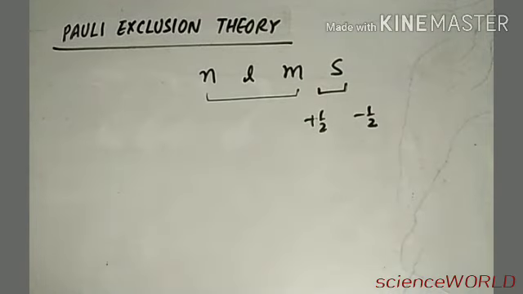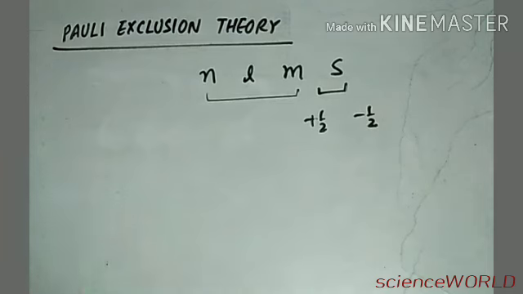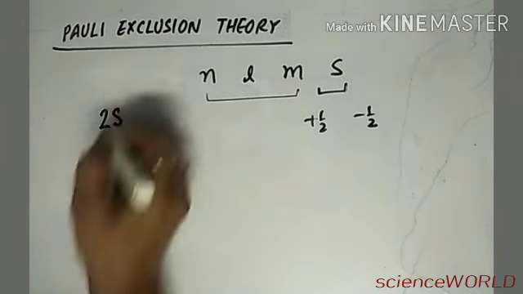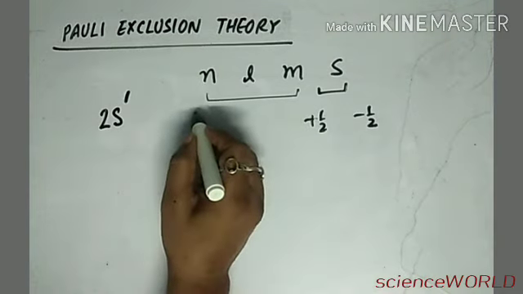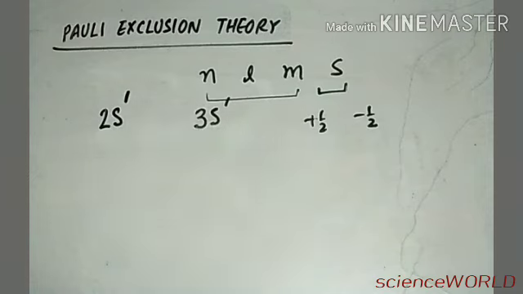We can explain this with an example. Let's see. We have one atom, any atom, which is having two electrons. So I'm just explaining the Pauli's exclusion principle with this example. Suppose I have 2s1, and another electron we have, suppose 3s1, right?